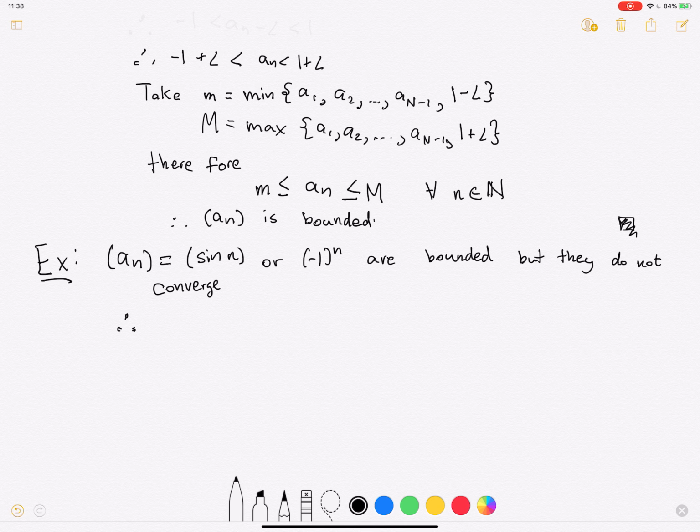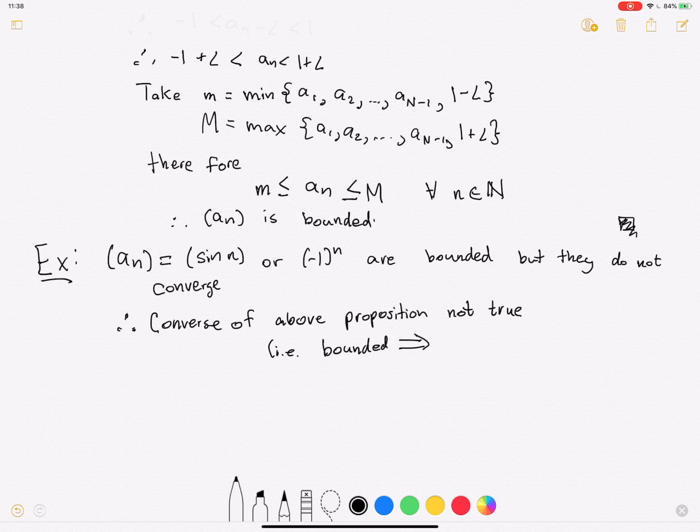The converse of the above proposition is not true, that is, bounded does not imply convergence.